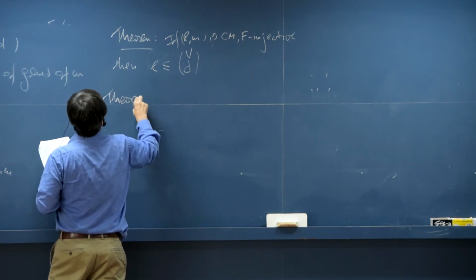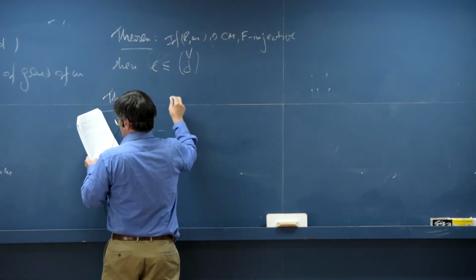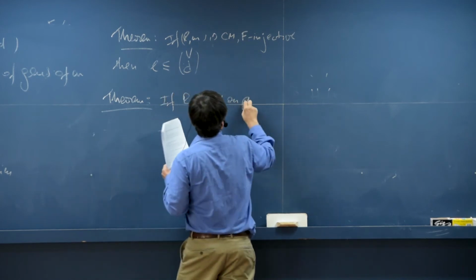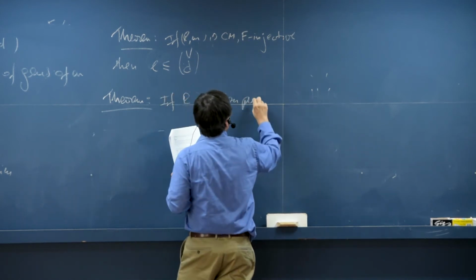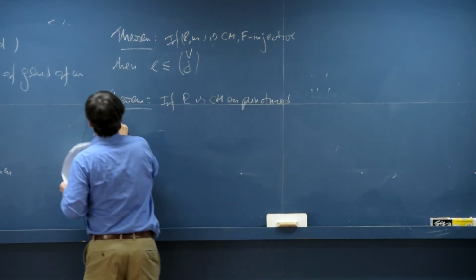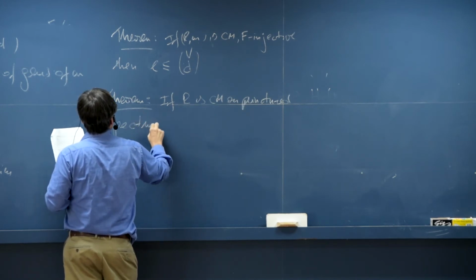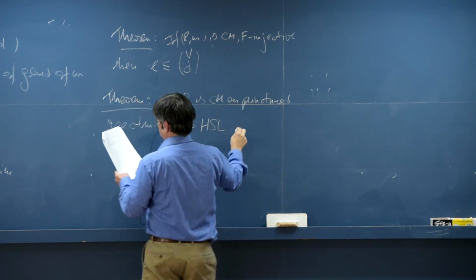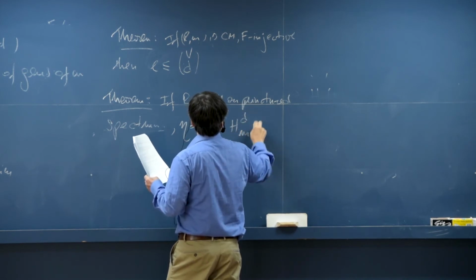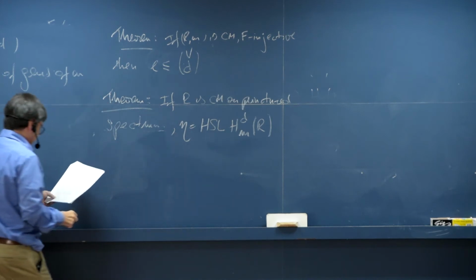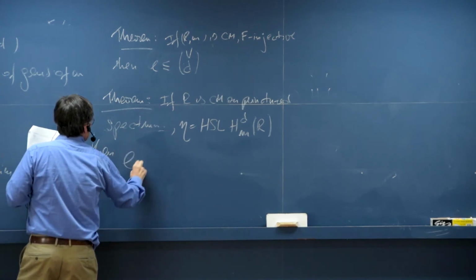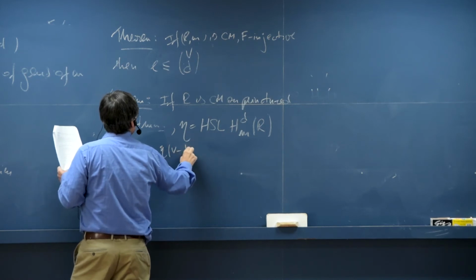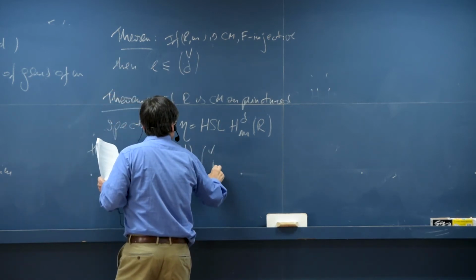And the theorem, which generalizes everything, is: if R is Cohen-Macaulay on the punctured spectrum, so it has an isolated non-Cohen-Macaulay point, and if eta is the HSL number of R, actually the HSL number of the top local cohomology module, so it's smaller, then the multiplicity of the ring is less or equal to p to the eta times embedding dimension minus dimension times embedding dimension choose D.